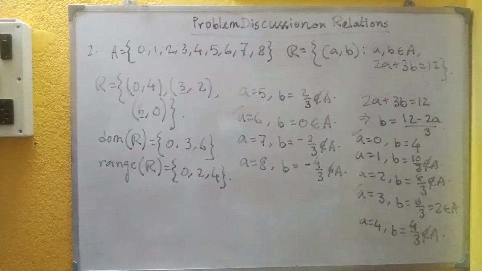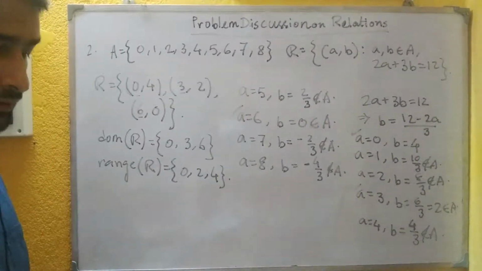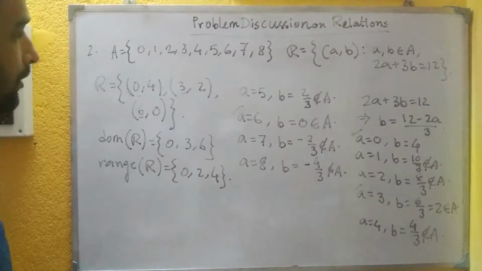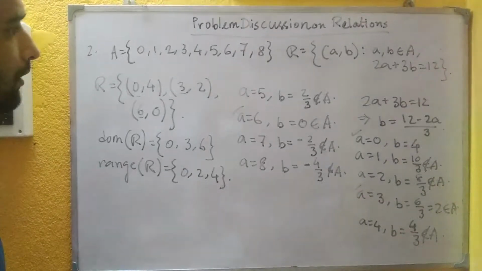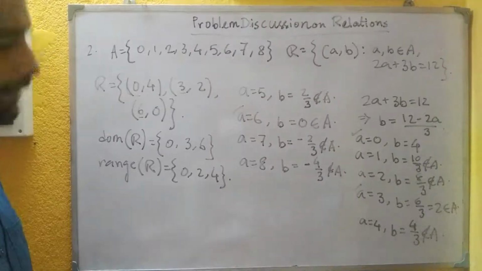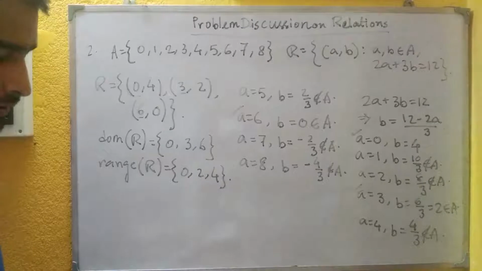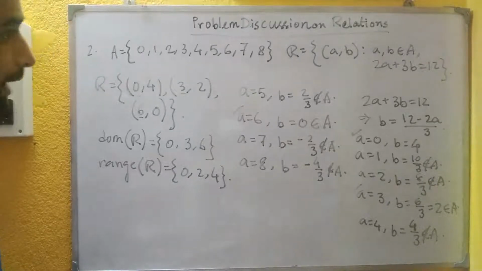So this is the range. In most of the sums, your task will be to find the relation in roster form and find its domain and range. In some problems you have to find the inverse of the relation, like the next one.